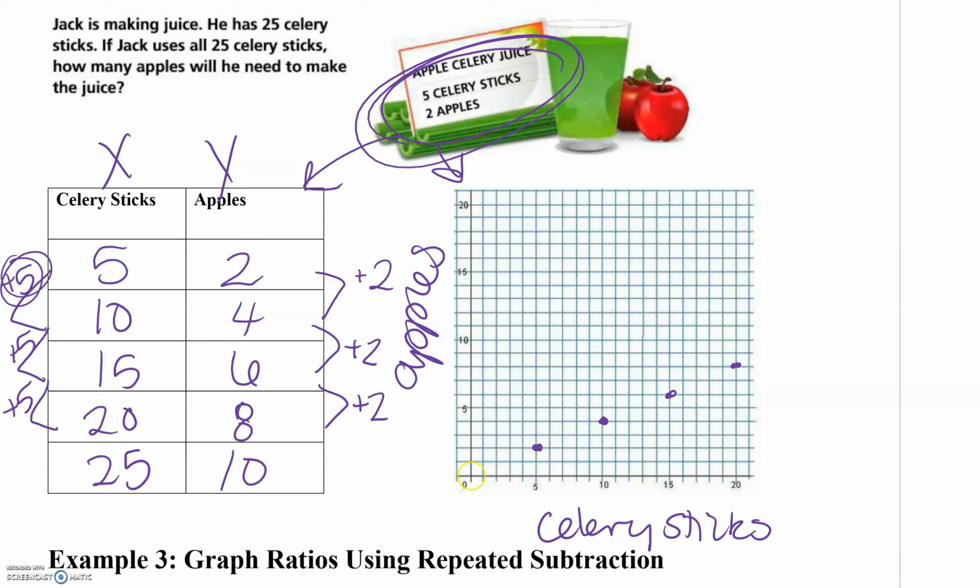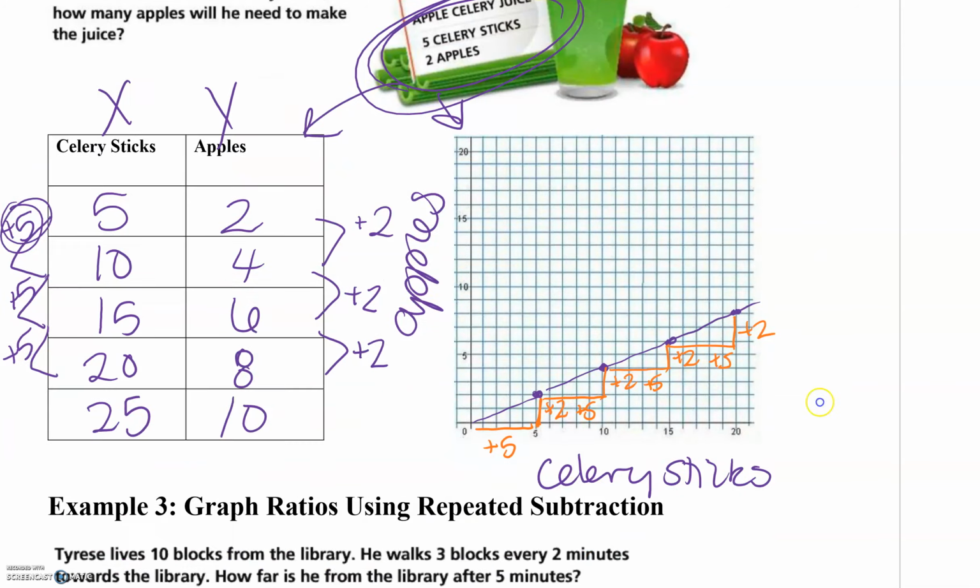So we can see if we look at our nice line here, on each side we're going up 5, and then up 2, up 5, and up 2. So notice that even in the graph, it still follows that same pattern that the table provided for us. They all relate, they all have a relationship together.